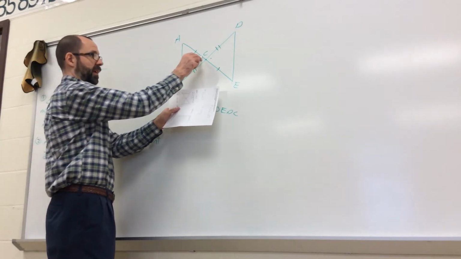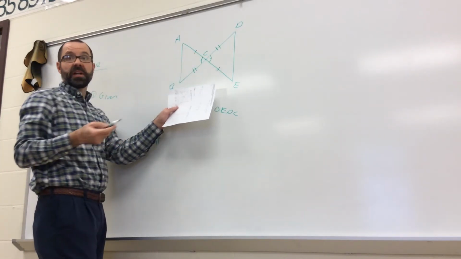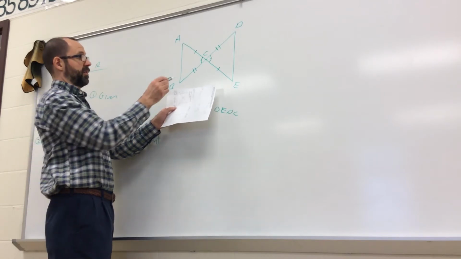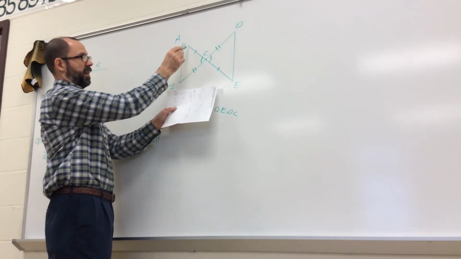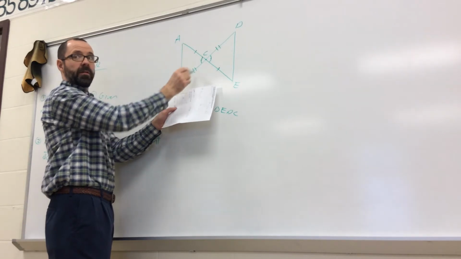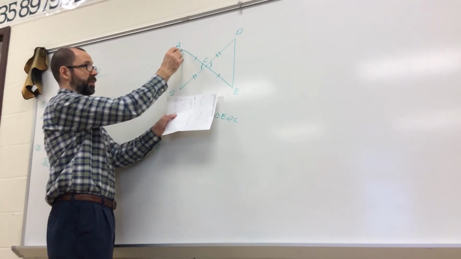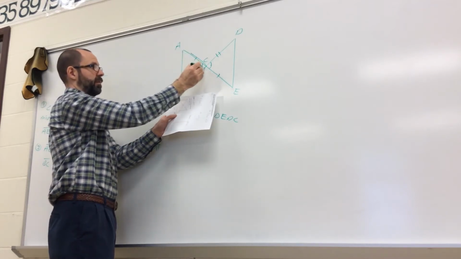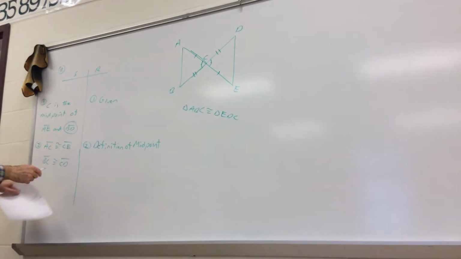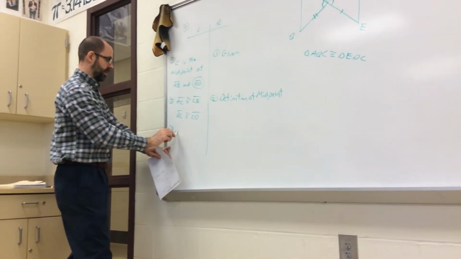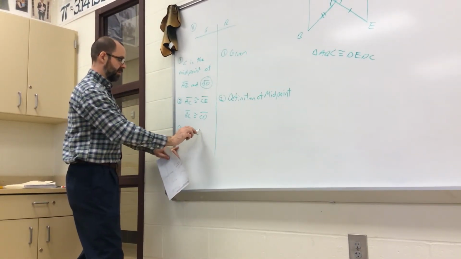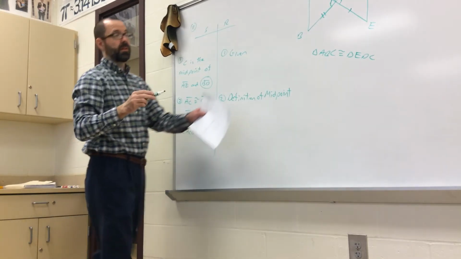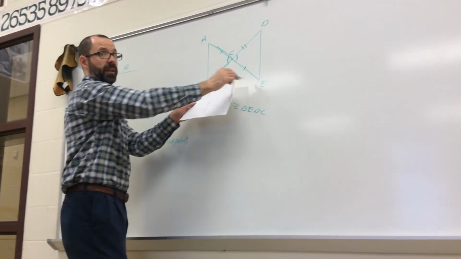Okay, so I'm going to mark that congruent to that, because I know that since they're vertical. And so then this one is ACB. See how that's called ACB? Trace it out. So angle ACB is congruent to angle DCE.